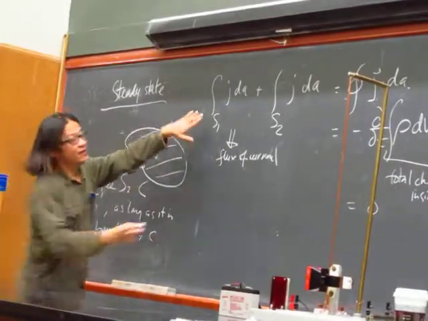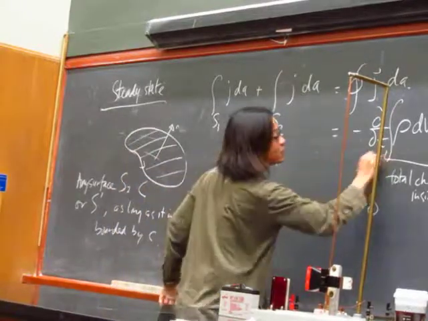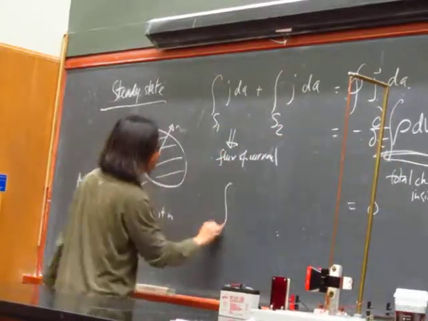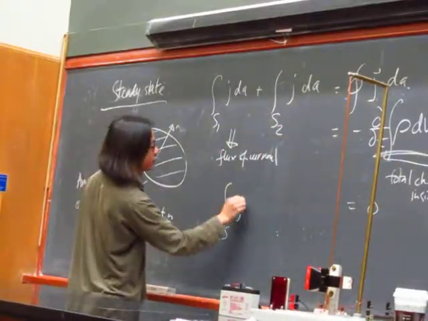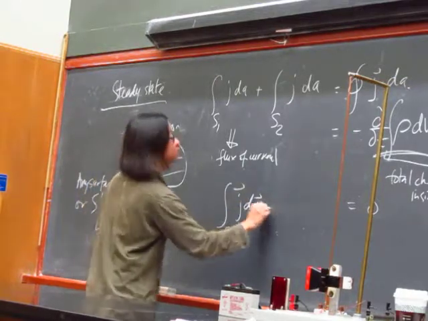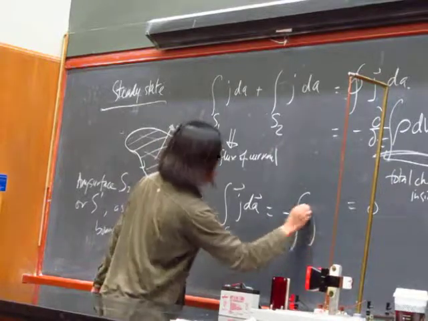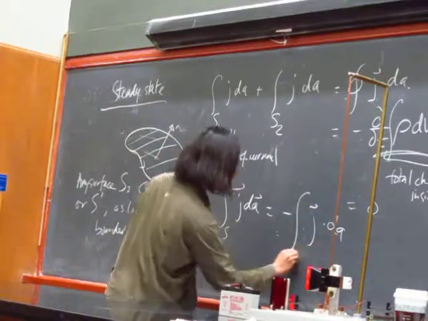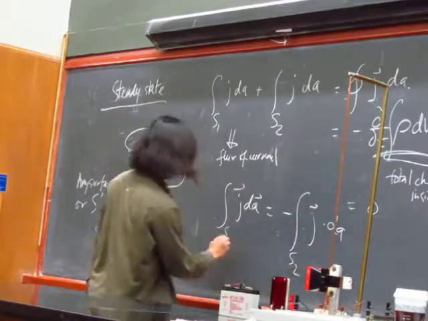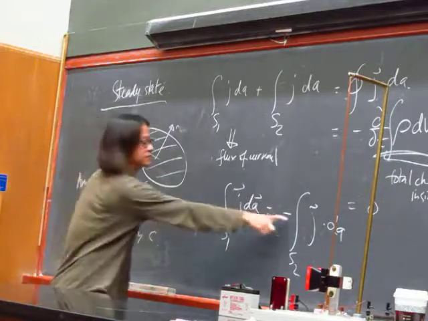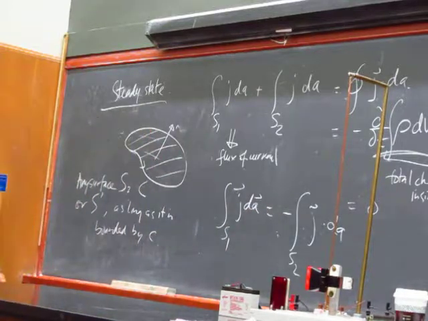And because this is equal to 0, you have a steady state, then the integral over S1 of J dA has to be equal to minus the integral over S2 of J dA, since this part is 0.